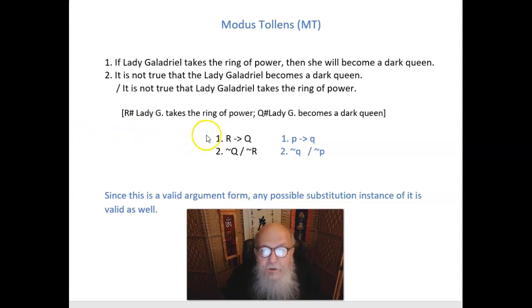Again, we make our dictionary and symbolize it. If R, then Q, not Q, therefore not R, which gives us the universal form or propositional form, if P, then Q, not Q, therefore not P. And since this is a valid argument form, any possible substitution instance of modus tollens is valid as well. Now, soon we'll learn how to prove that these forms are valid, but for right now, you'll just have to take my word and the word of all those medieval philosophers, too.